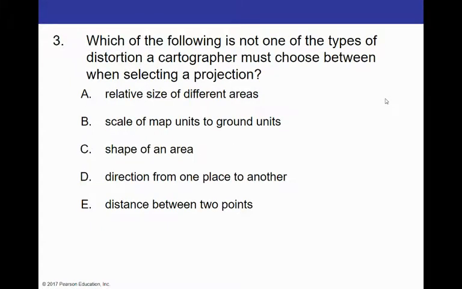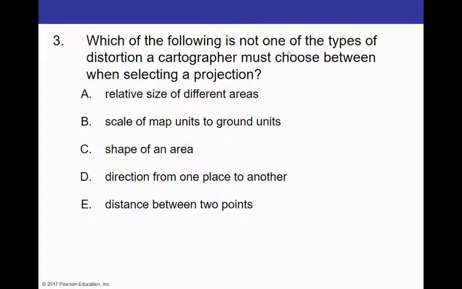Remote sensing probably wouldn't have been a good answer because the question has nothing to do with satellites. Number 3: which of the following is not one of the types of distortion a cartographer must choose between when selecting a projection? Just a heads up, there are a lot of which of the following is not questions, or which of the following is not true.